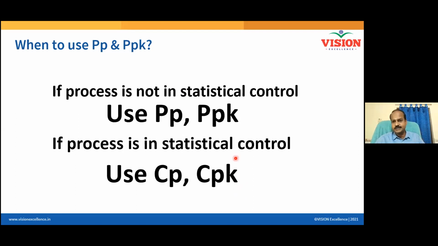But if your process is out of control, meaning there are points outside the upper control limit or lower control limit, that means there are special causes. If there are special causes, in my opinion, you should not do any capability analysis at all. Fix it first. But if for some reason you wanted to know what will happen if you still continue, then calculate PP and PPK. That can only speak. I mean, it will give you the worst situation, right?